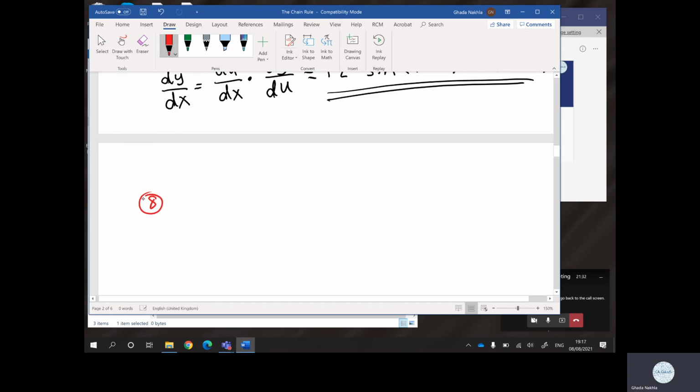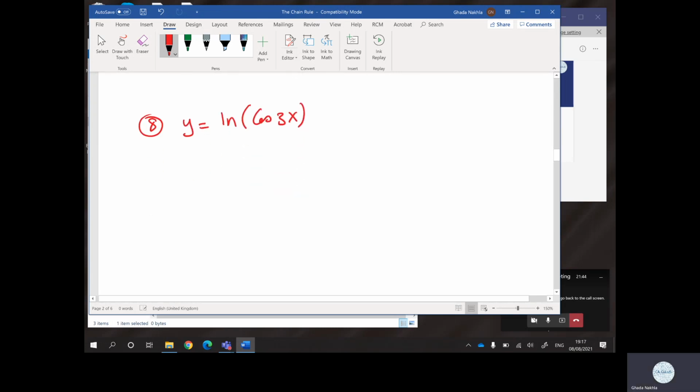Question 8. And let's differentiate ln cos 3x. Ouch, looks complex, but actually it's not. Why? Because I'm going to follow exactly what I've been doing again and again. The first thing you do with the chain rule is you let the bracket equal u.